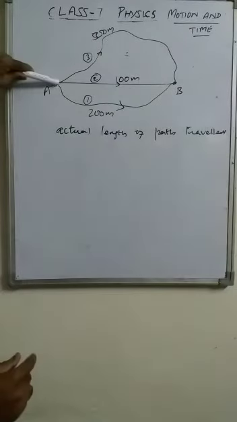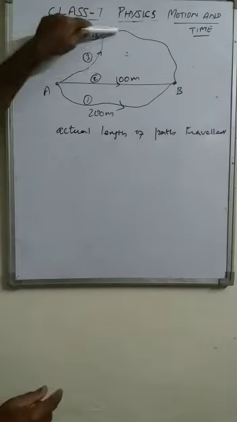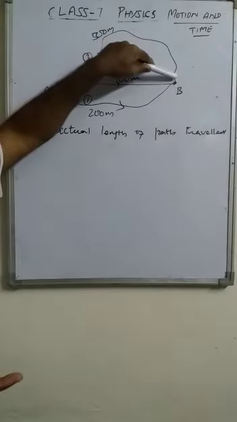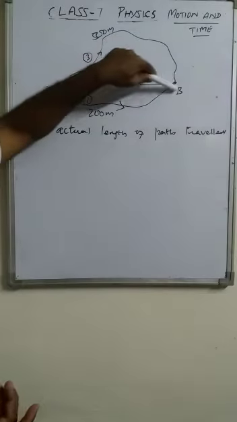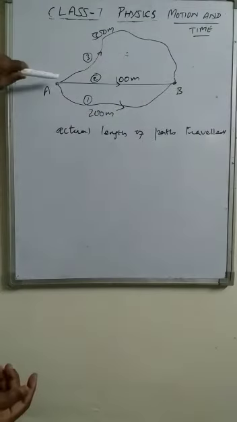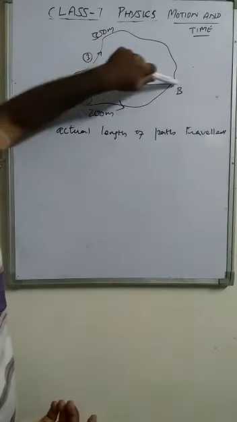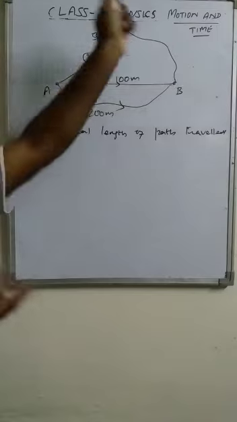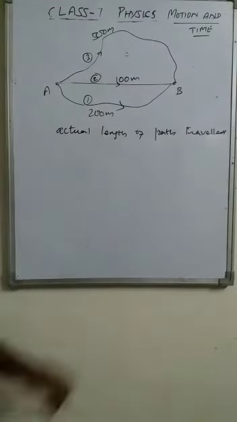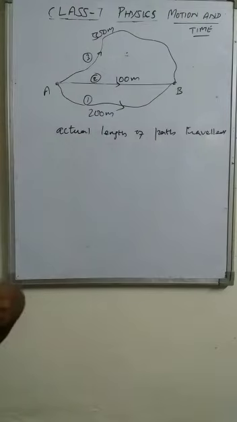Here, while the object is moving along this path, the direction continuously changes. Here also the direction changes. But if the object is moving along the straight line, the direction is the same. Since along different paths the direction is changing, we neglect the direction of motion.